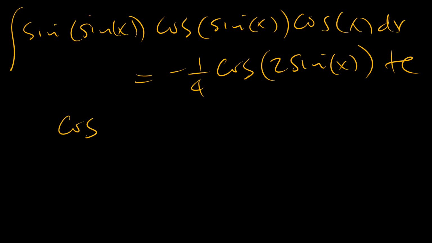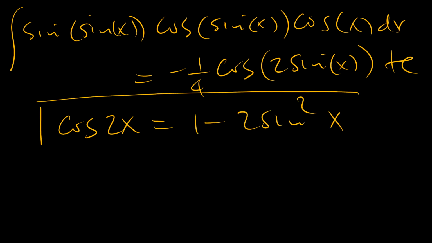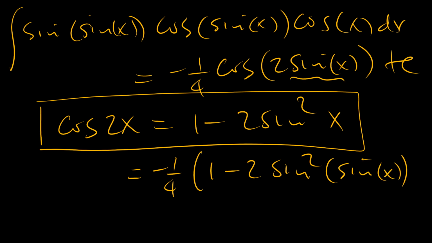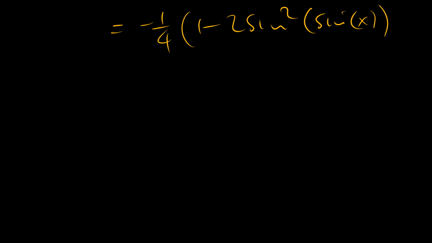We know that cosine 2x is equal to 1 minus 2 sine squared x, which means our problem now becomes negative a quarter times 1 minus 2 sine squared of sine x, plus c.